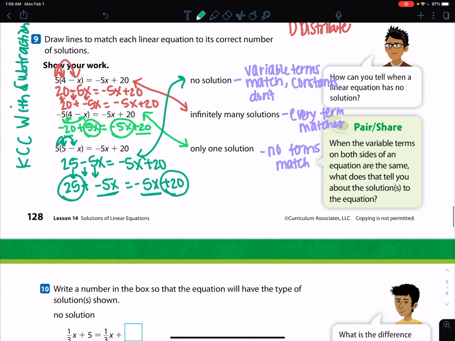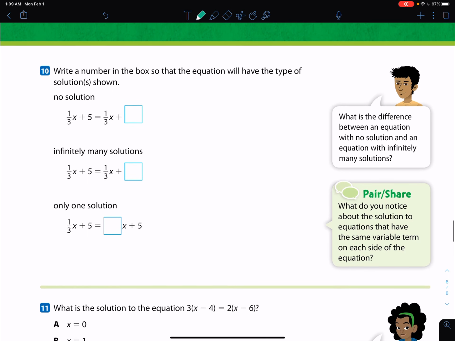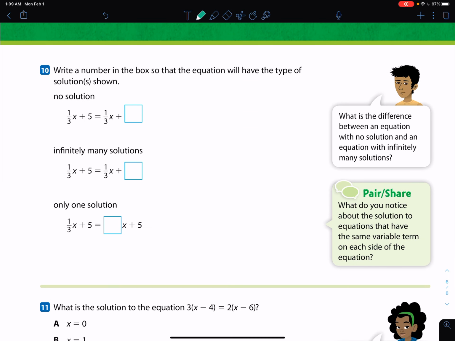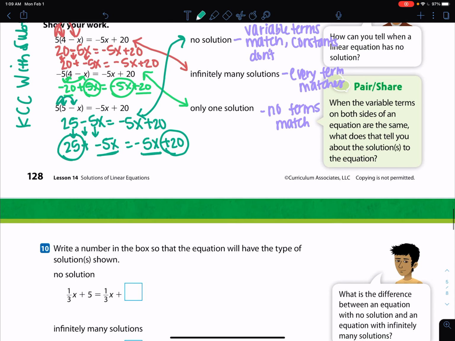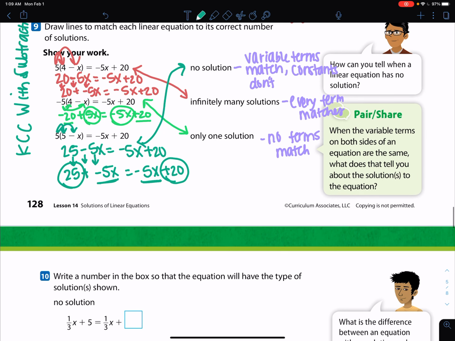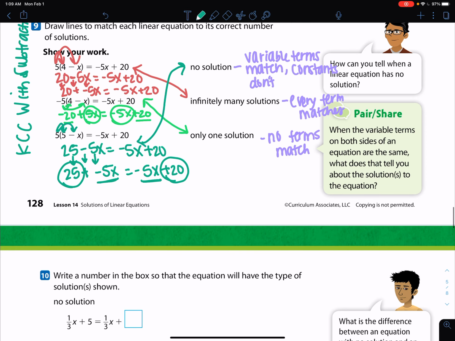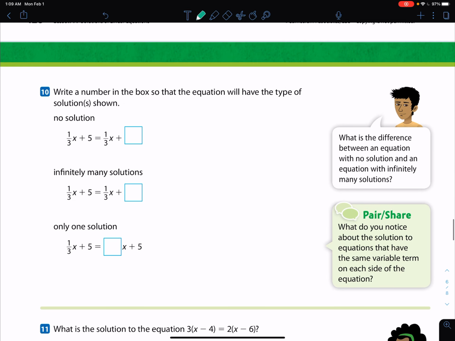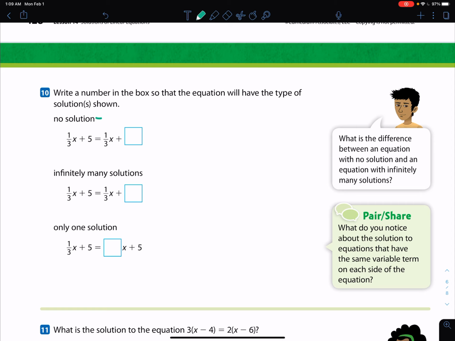Moving on to number 10. Write a number in the box so that the equation will have the type of solutions shown. Remember, same thing as number 9. When we have no solution, the variable terms match, but the constants don't. Write that on your paper.